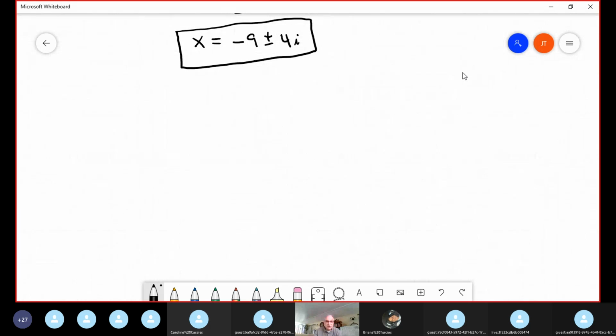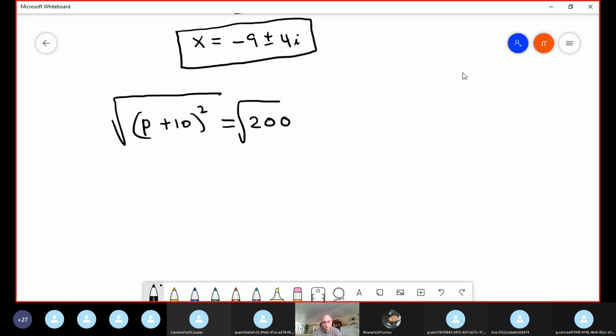Suppose now, last example, (p plus 10) squared equal to 100. Again, I apply a square root. Not necessarily b is 0. In this case, ready, because you apply a square root here and a square root here. P plus 10 is equal to plus or minus square root of 200.